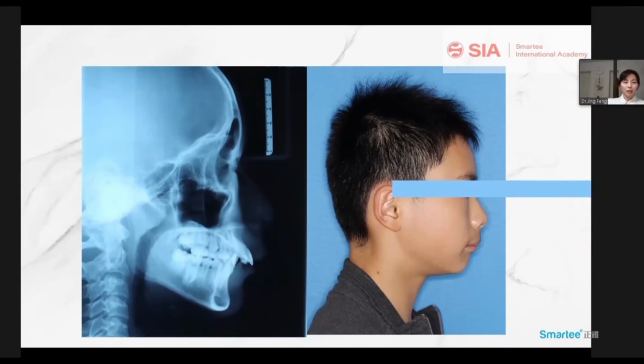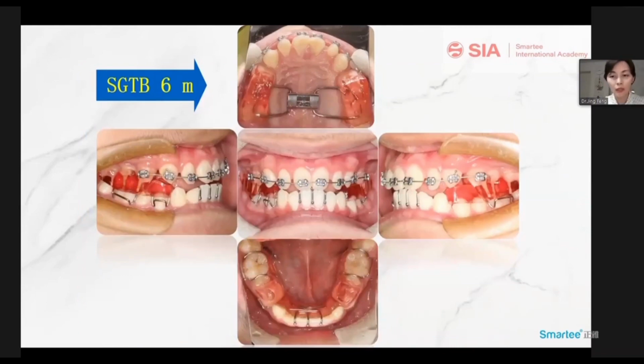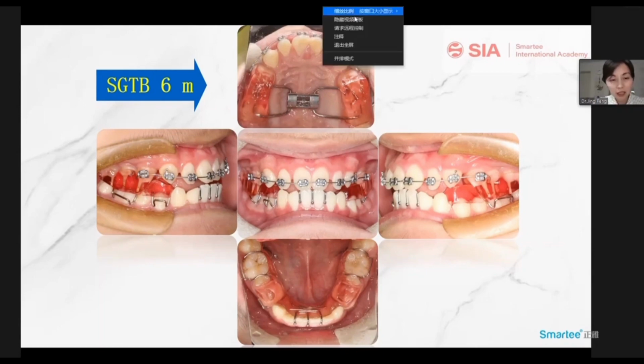Yeah, you can see with the SGTB in his mouth, the deep overbite and the overjet were relieved immediately, but it's not stable.